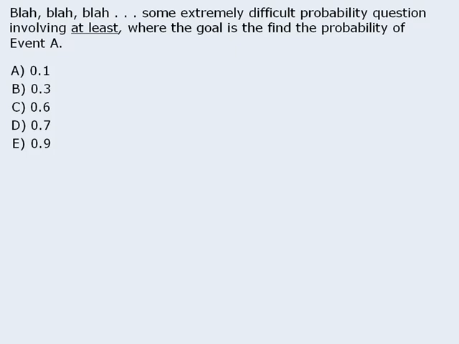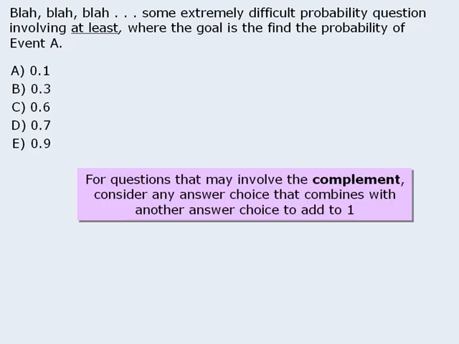Now that you have an understanding of how test questions are created, you should be aware that for questions that involve the complement, you should consider any answer choice that combines with another answer choice to add to 1. In this question, we see at least, which suggests that a possible solution might involve the complement. So we'll search the answer choices for pairs that add to 1.